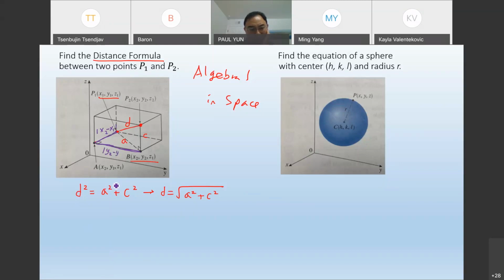So A square equals x sub 2 minus x sub 1 squared plus y sub 2 minus y sub 1 squared. Put the absolute values. And then A equals the square root of that.